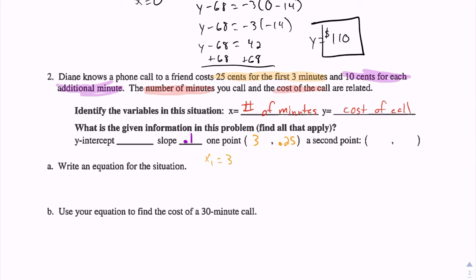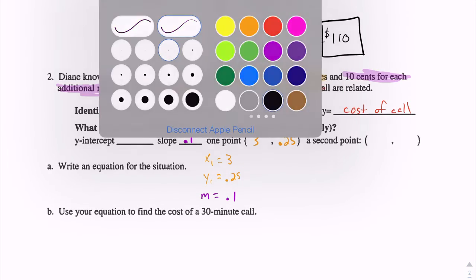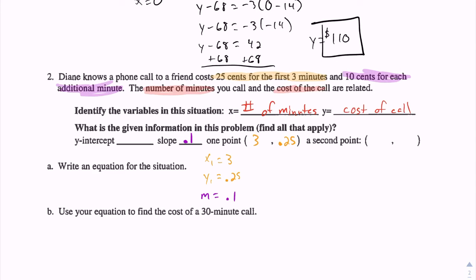X1 is 3, Y1 is 0.25, and M is 0.1. So now put that into our point-slope form. So we have y minus y1, which is 0.25, equals m, and then in parentheses, x minus x1, which is 3. And there's our equation.